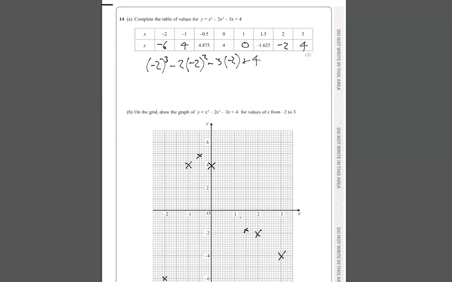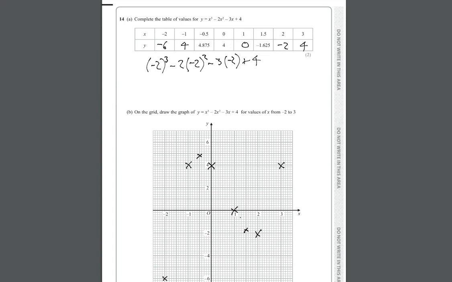And 1, 0 I think I failed to put in. Oh, I put the last one wrong, that didn't feel right. 3, 4, I plotted 3, -4. Didn't feel like I was going to get a smooth curve, so there we go, 3, 4. Okay, so that feels a bit more cubic-like.